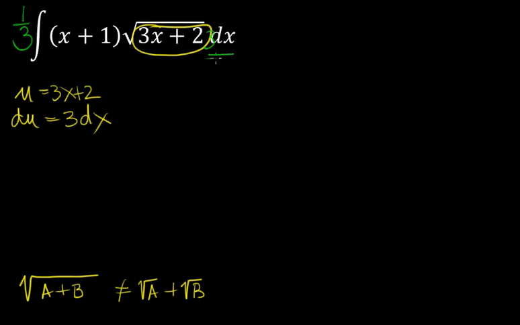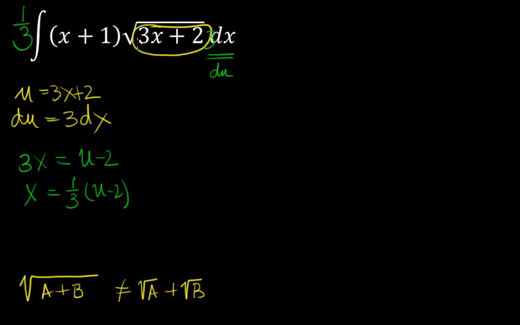So that right there is now du. Put a 3 in. This is the square root of u, and I'm going to need to solve for x. Okay, so I have 3x is equal to u minus 2. So x is equal to 1/3 times u minus 2.